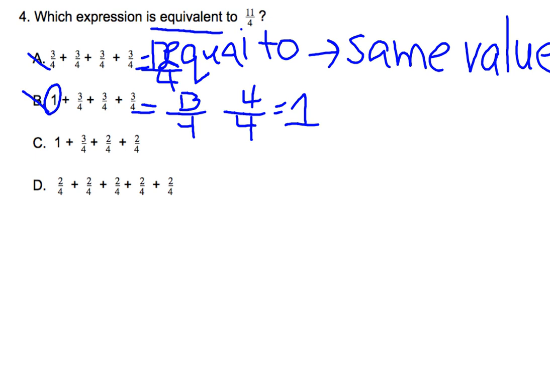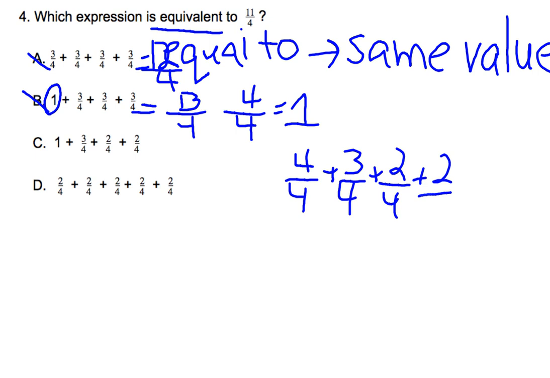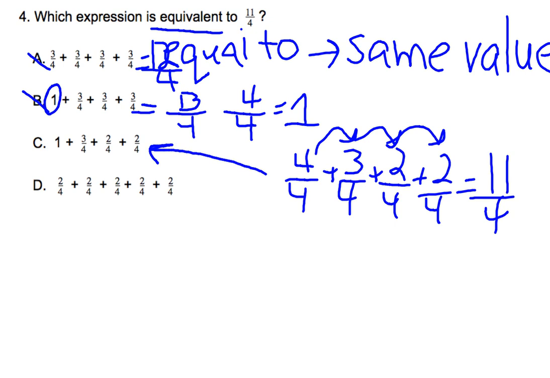Choice C, I have again one whole, and that is 4/4. So 4/4 plus 3/4 plus 2/4 plus 2/4 equals 4 plus 3 is 7, 8, 9, 10, 11, 11/4. So this one is 11/4, which I am looking for. So far my answer is going to be C.